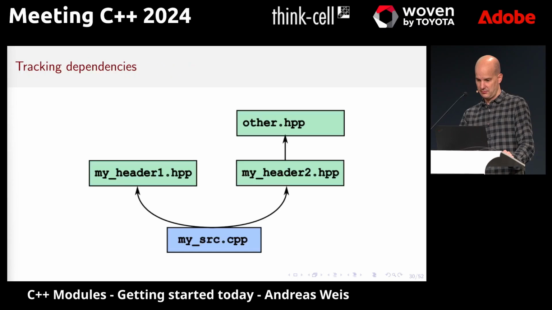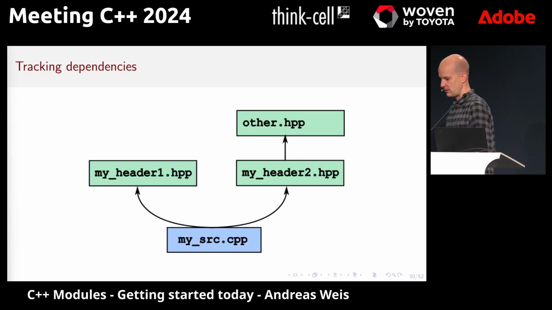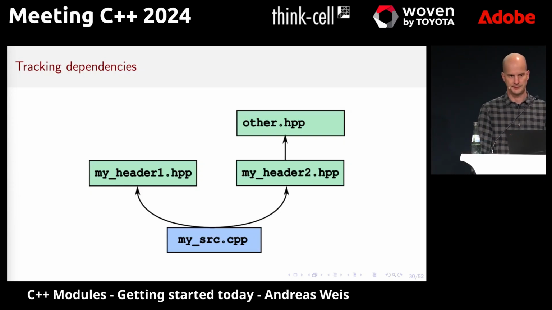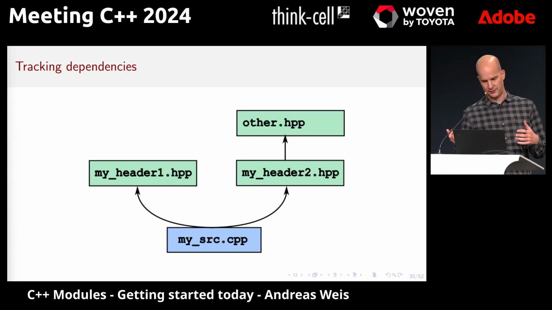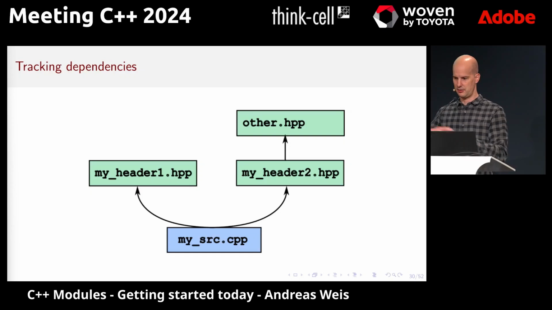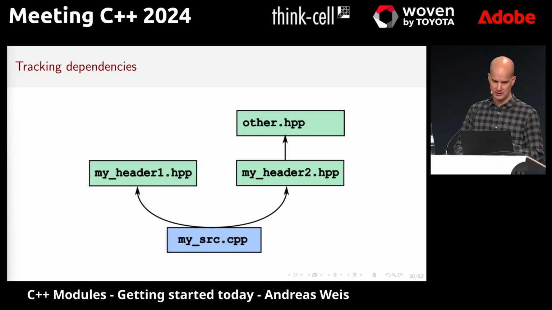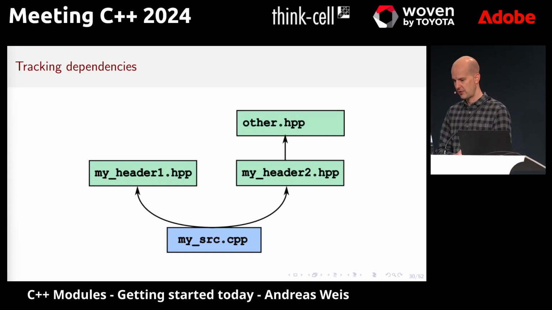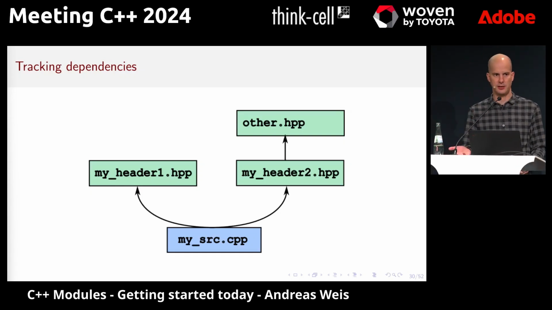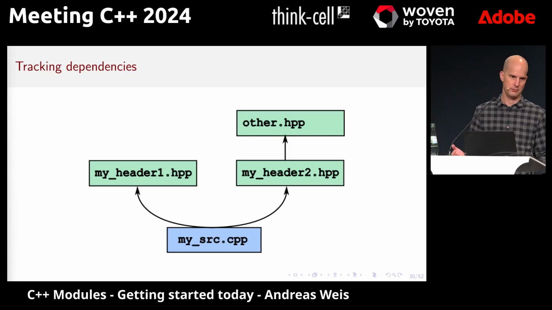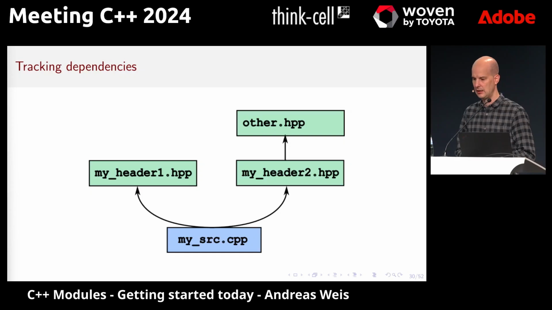So really, in the end, a build system's main responsibility is that it's a dependency tracker, right? I have this source file. It depends on a bunch of header files, which again might transitively depend on other header files. And what I want to be able to do is, if I make a change to one of these files, I want all of the affected source files to be recompiled, right?